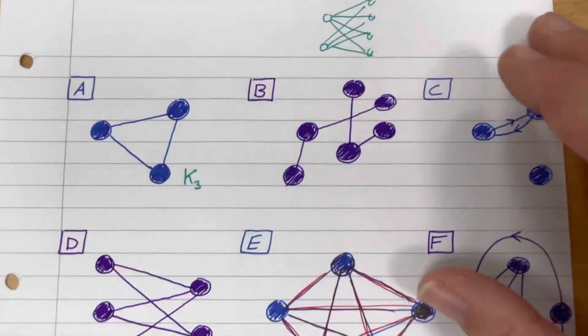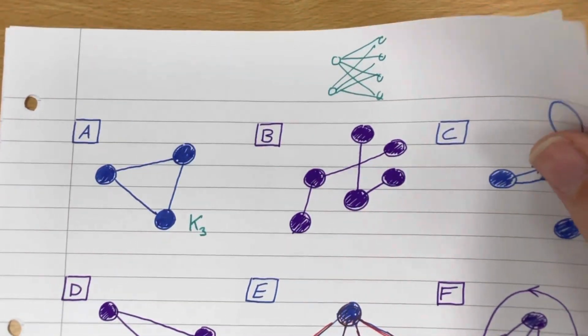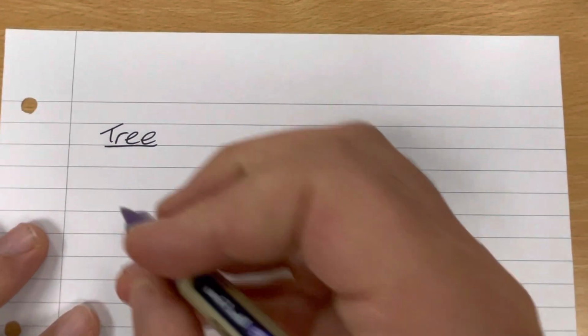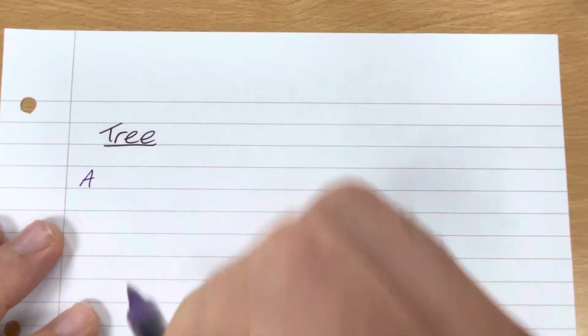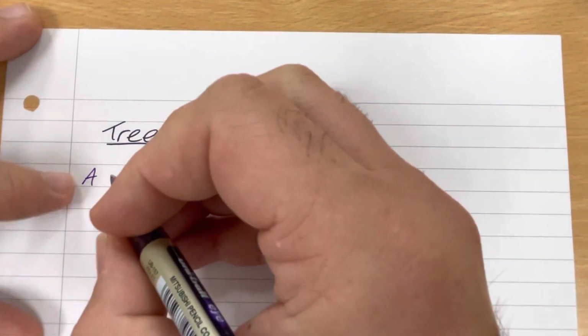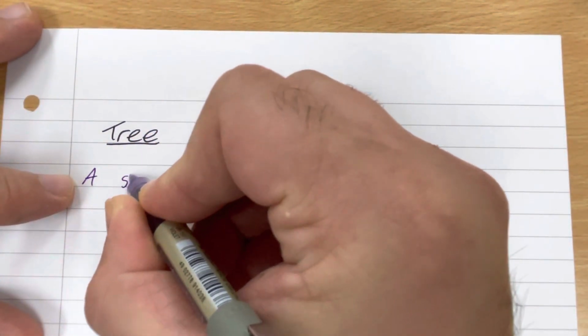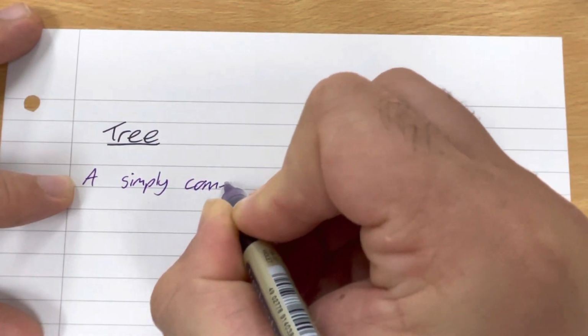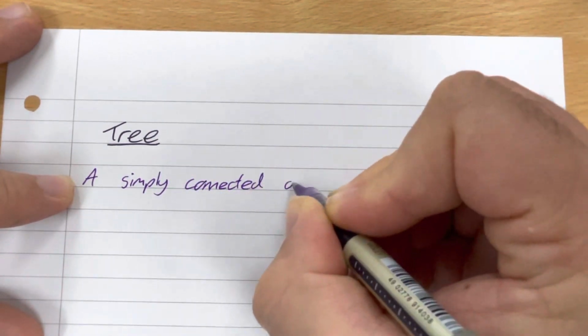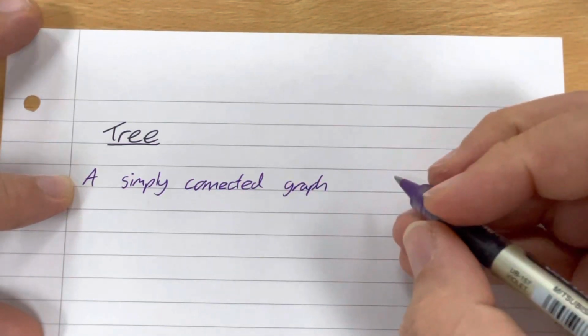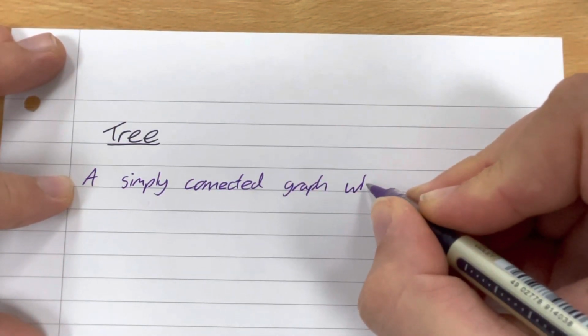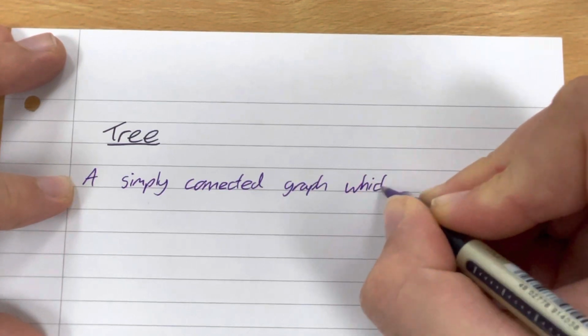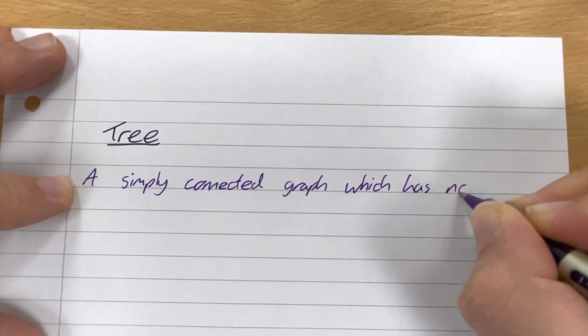One final type of graph I want to consider, and that is a tree. So a tree, there's a few definitions of a tree. We're going to define this as being a simply connected graph which has no cycles.